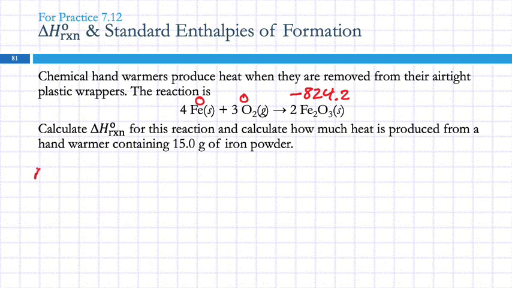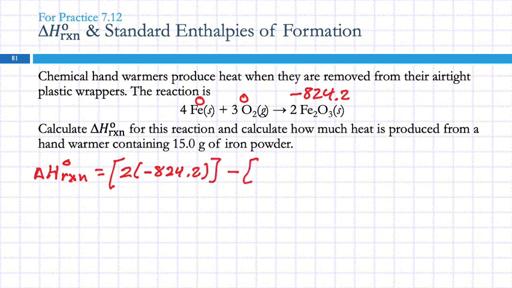So to calculate the standard heat of reaction, I'm going to take my products, 2 moles of Fe2O3, so 2 times the heat of formation, and that's the only one. And then I'm going to subtract 4 times 0 and 3 times 0. Could you skip that part?